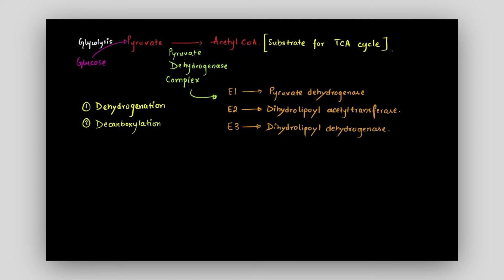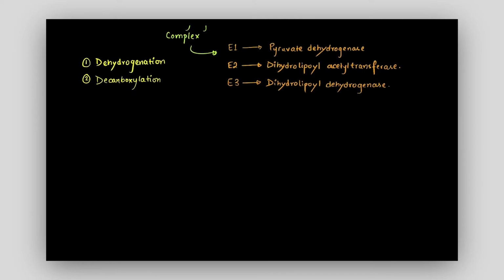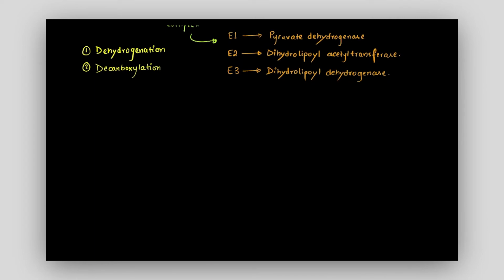But before we move in, these three enzymes require different prosthetic groups or coenzymes to work, otherwise they cannot work. So namely, there are 5 different prosthetic groups or coenzymes. I'm going to list them out over here.